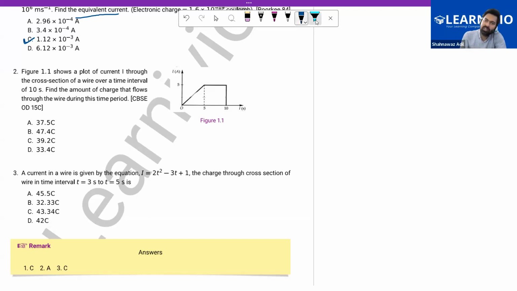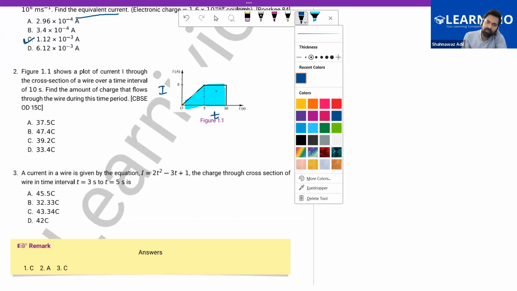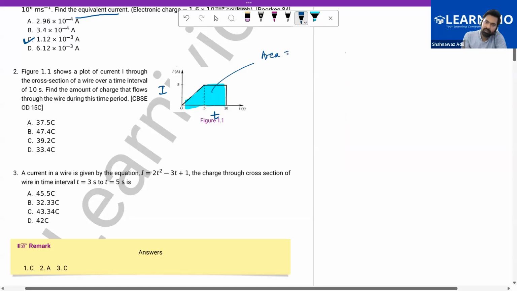We have just talked about this thing. If we have a current-time graph, this is the I-T graph, and we know that the area of this I-T graph would give you the total charge, right?